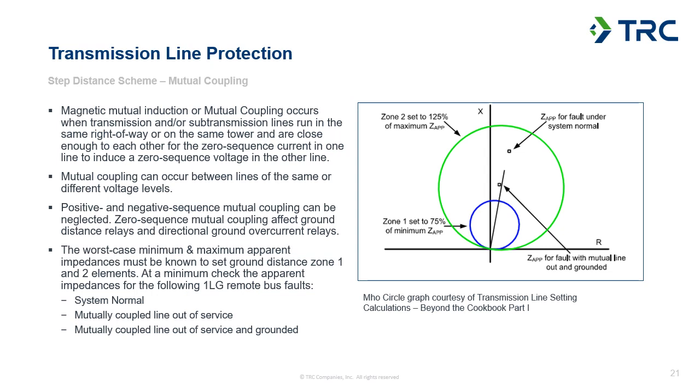So we really need to look at how the relay responds to all of these conditions during system normal operation, so all lines in, with the mutual coupled lines taken out of service, and then finally with the mutual coupled lines taken out of service and grounded, so we can see how the system's going to respond.